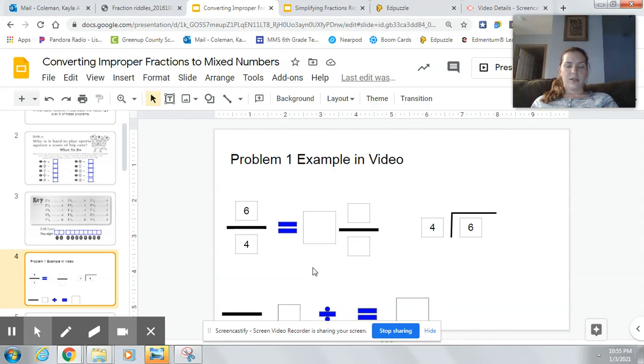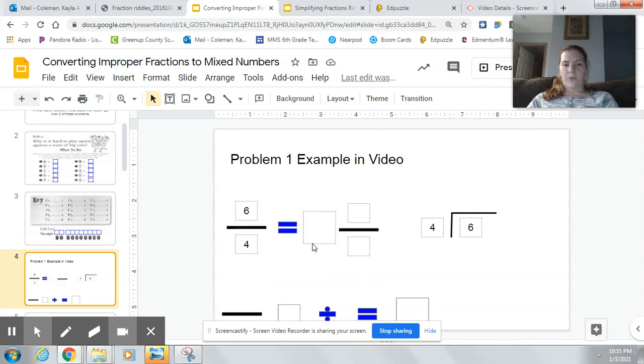But the easiest, fastest way to do this is just to simply divide. Divide the numerator by the denominator. Think of this fraction line as like a diving board, and where your dividend goes is the pool. So the number on the top jumps off the diving board into the pool where the dividend goes.